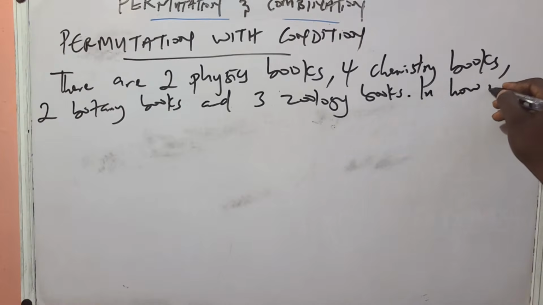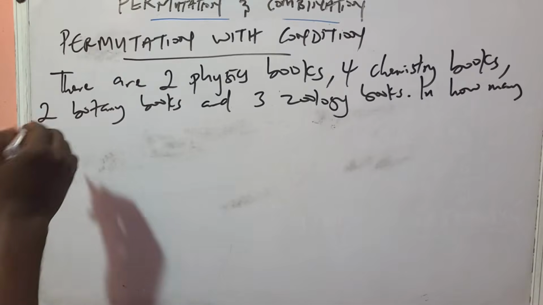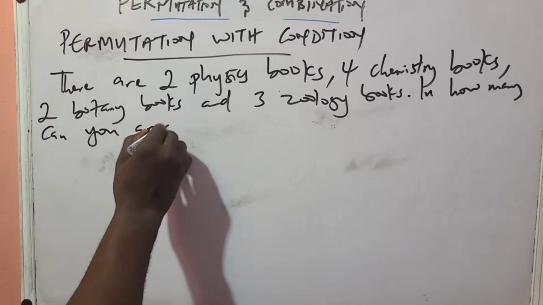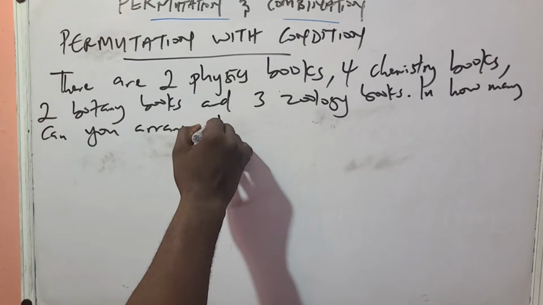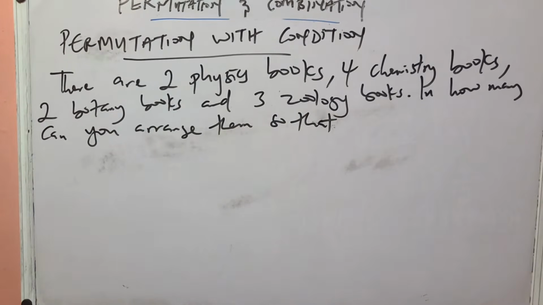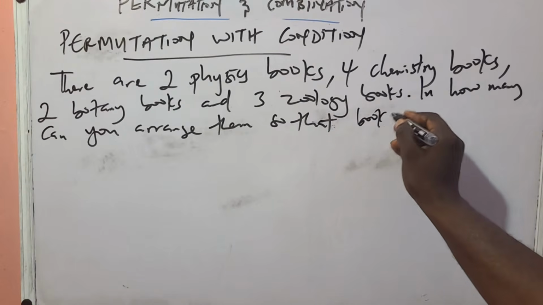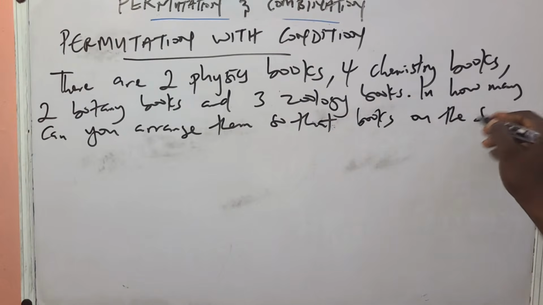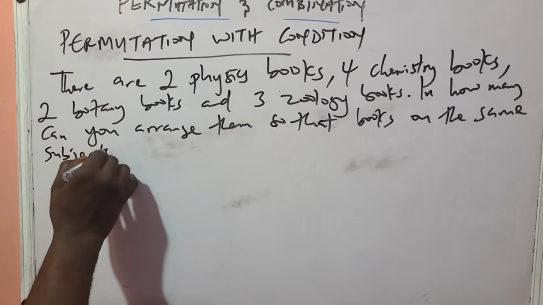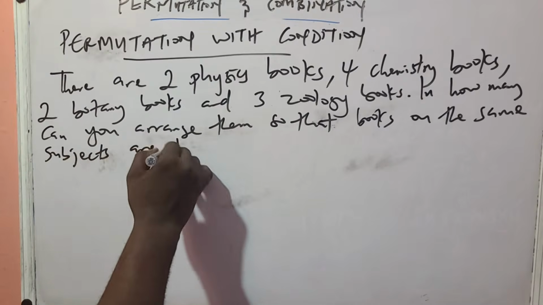Now, the question says, in how many ways can you arrange them so that the books on the same subject are together.